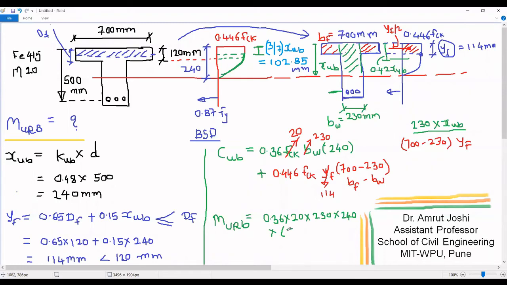So what is D here? 500 minus 0.42 into XUB, which is equal to 240.